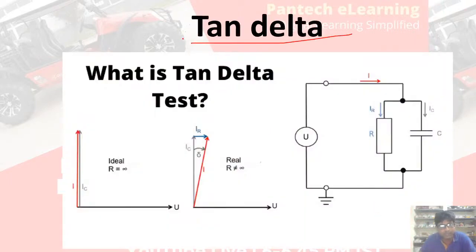Now finally coming to the test called tan delta. Tan delta is the test done on the insulation system. Normally, if this is a conductor and this is a conductor and in between there is an insulator, then one capacitance will form.